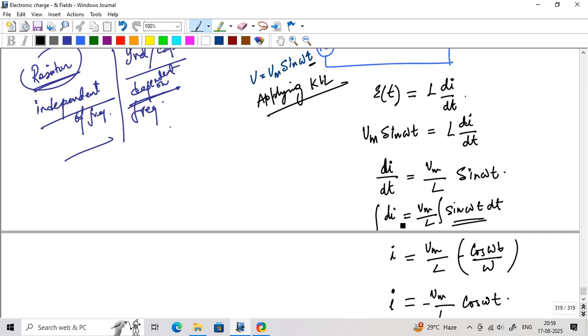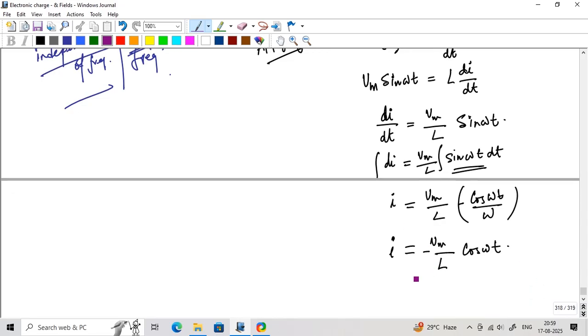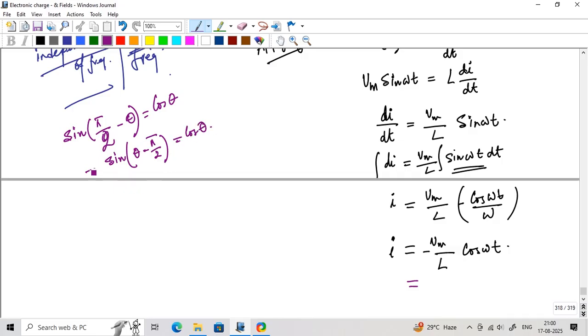We compare: the voltage is a sine function and this is a cos function, so change it. We know that sine of (pi by 2 minus theta) is equal to cos theta. Taking minus common, minus sine (theta minus pi by 2) is equal to cos theta, so the minus can be moved and both are the same.